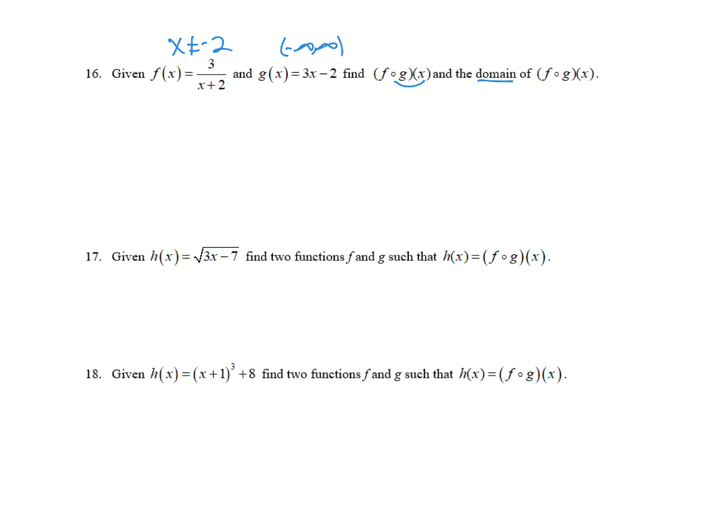But the second piece is what parts of the range of my 3x minus 2 are going to be a problem in my f function, my outside function of 3 over x plus 2. Well, that would be any value that would make this 3x minus 2 equal negative 2, because negative 2 can't happen.